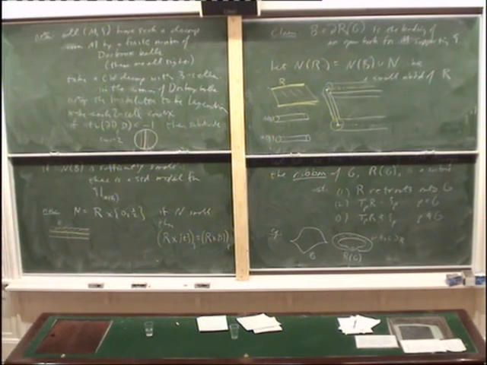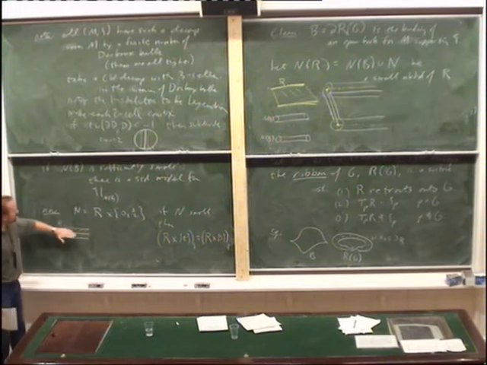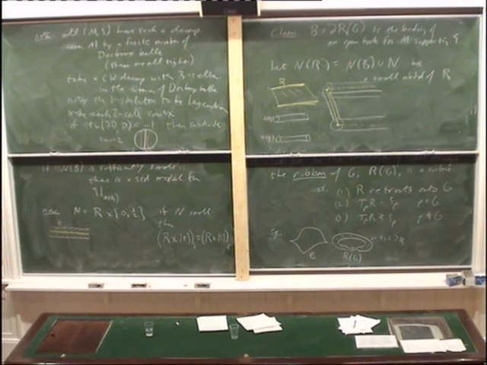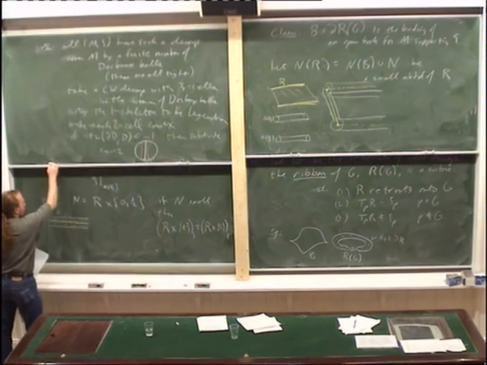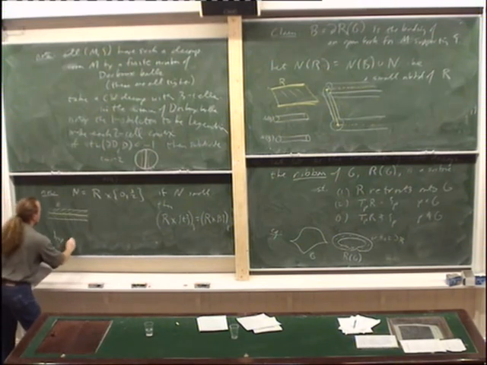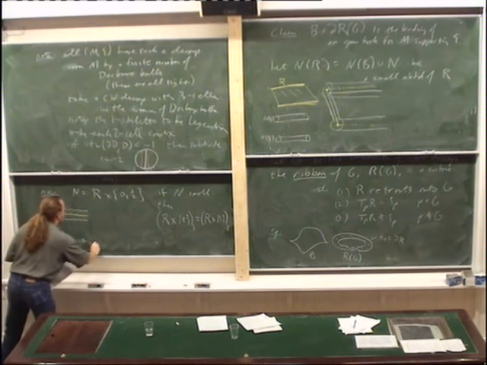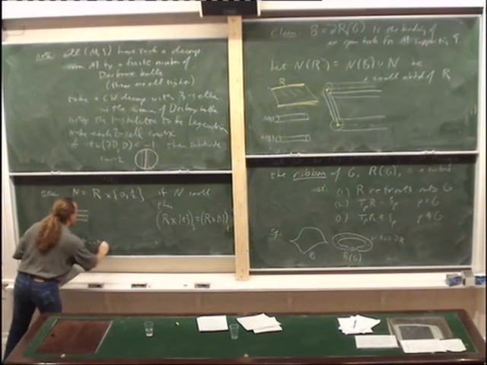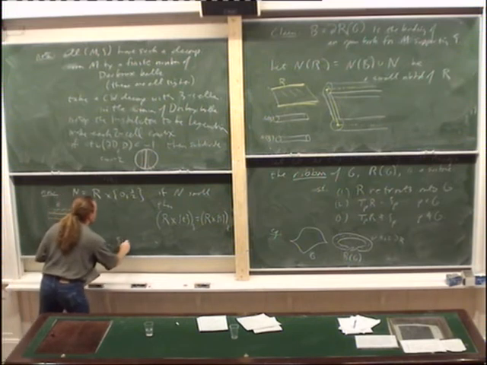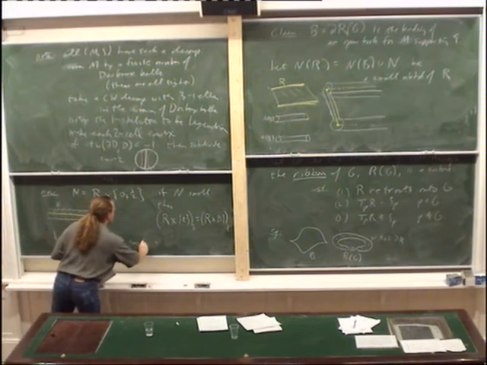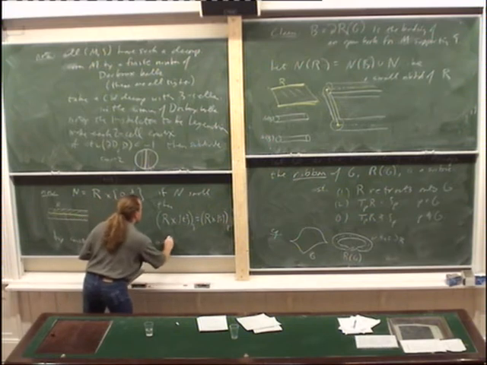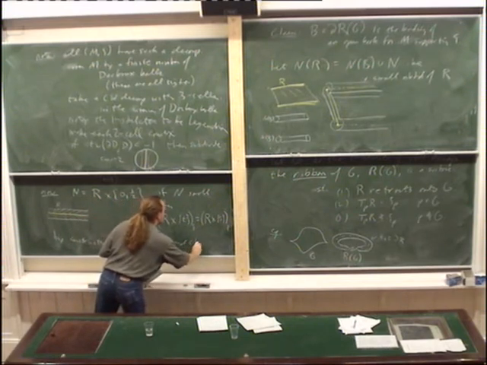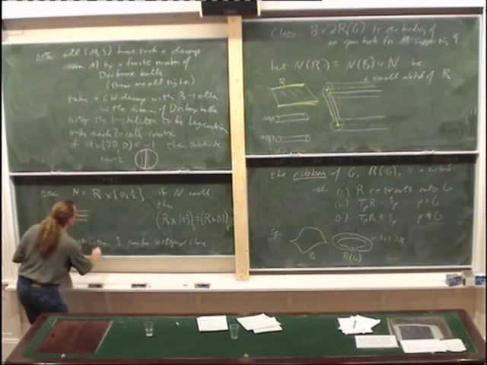So if you move to a nearby surface, the foliation is going to have to look very similar to that. In fact, you can arrange it looks exactly the same. Okay? And by construction, C can be isotoped close to the pages.